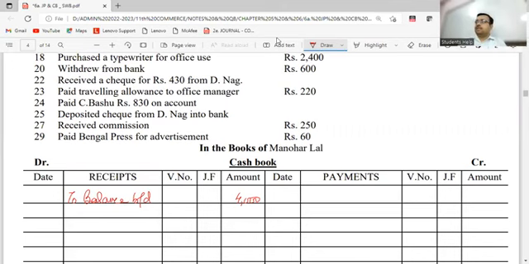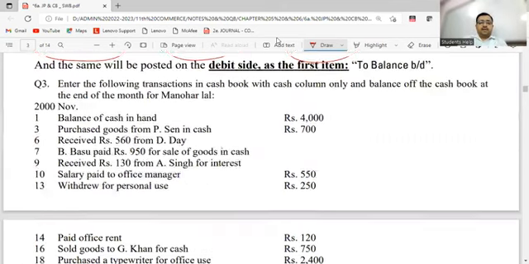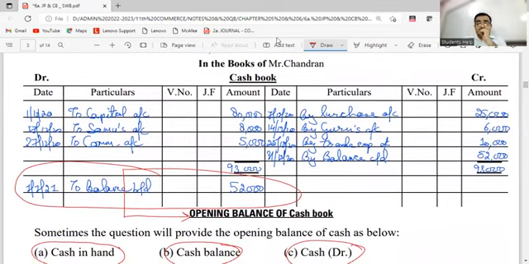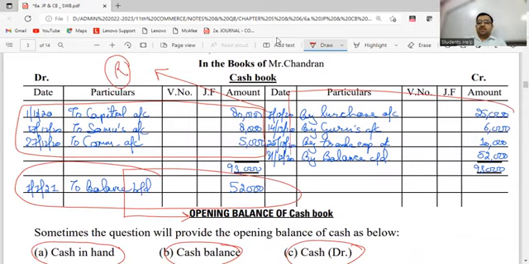पक्का? कंफर्म? Yes, sir. चलिए, अब मैं आपको एक शॉर्टकट तरीका बताता हूं जो काम करता है बहुत. Many a times you may not be able to make the journal entry so quickly. So the shortcut way out is, children, all these items on the debit side represent what are called receipts, and all these items on the credit side, except the balance, I repeat, except the balance, represent payments.